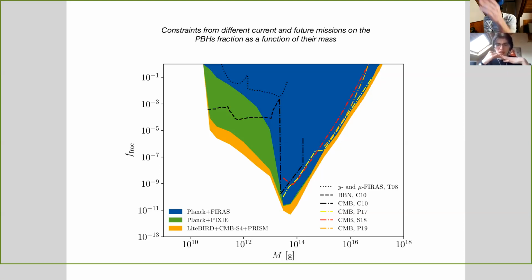Is the location of this peak, where it changes from anisotropies having the strongest bounds to spectral distortions having the strongest bounds, kind of like the time at which stuff would be decaying at the same time as the CMB is forming? Yes, it really depends on when this decay takes place. To the right, the CMB's temperature spectrum can't be changed because it's already been made, but the background expansion can be changed.